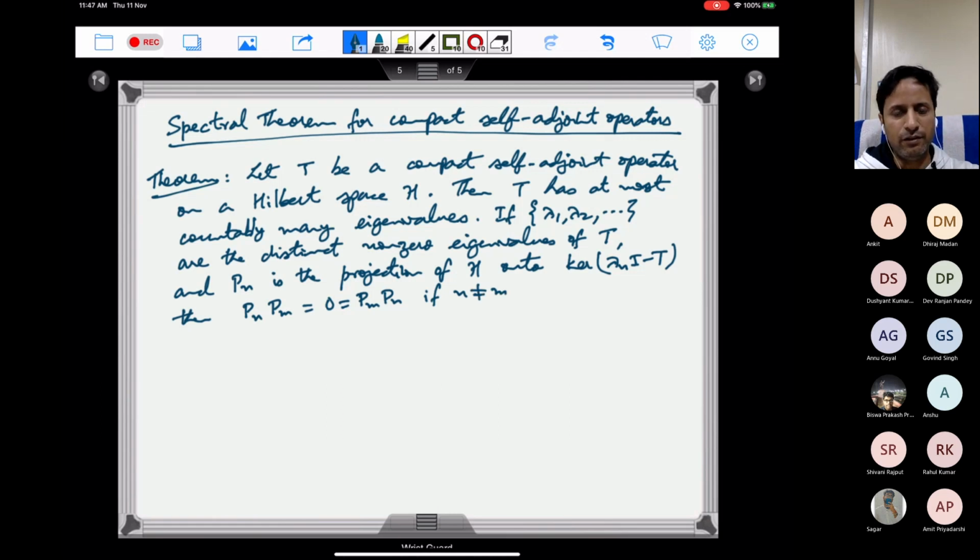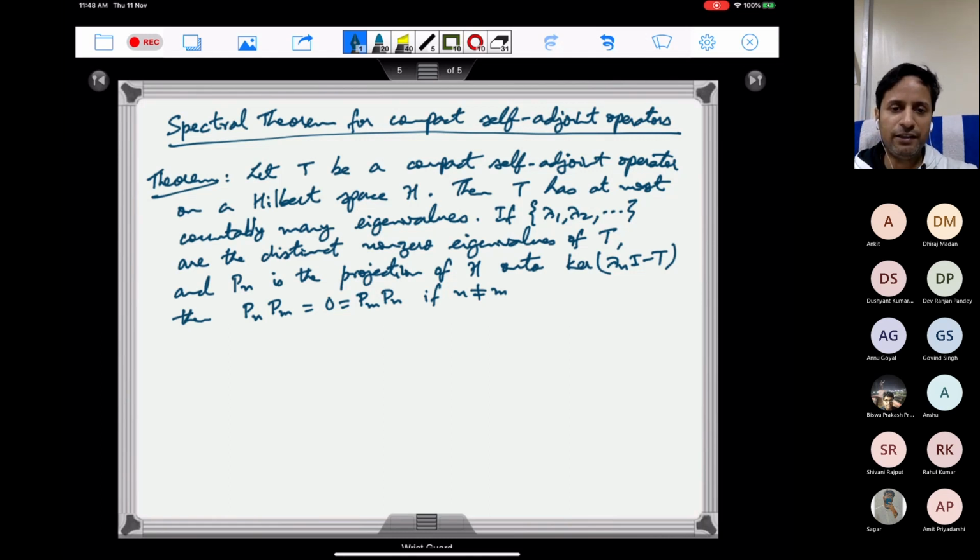This in fact we know because the eigenvectors corresponding to distinct eigenvalues are orthogonal for self-adjoint operators. Using that you can see that Pn Pm will be zero. Because Pn maps into the eigenspace corresponding to lambda n, and Pm maps any vector to the eigenspace corresponding to lambda m.